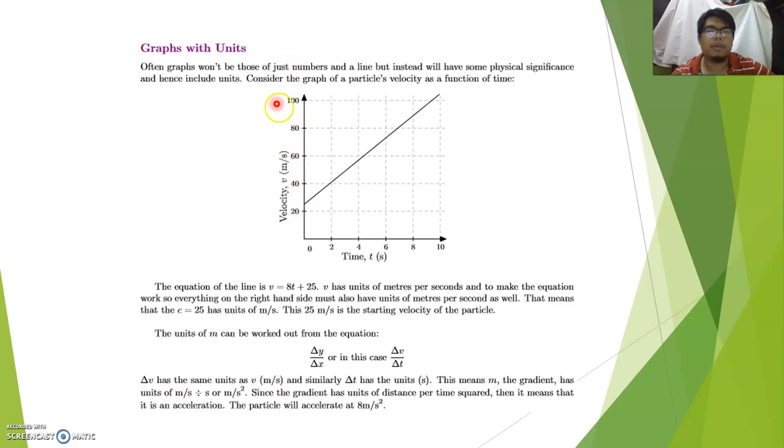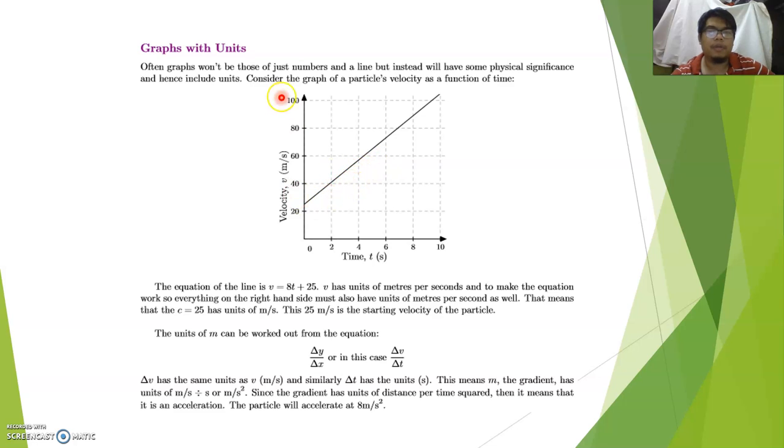The y-axis is the velocity of the particle, while the x-axis is the time. The equation for this graph is given as v equal to 8s plus 25, where 25 here is the y-intercept, and 8 is the gradient for the graph.